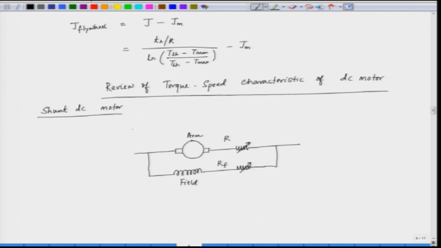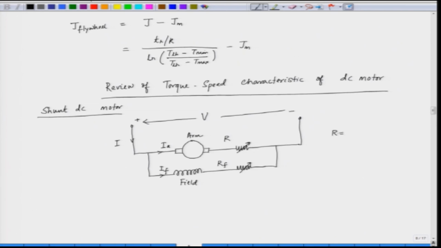And what we do here, we apply a DC supply in this case to both armature and the field. So, we apply a DC supply and the motor draws a current, that is I. Part of this current flows to the armature and part of this current flows to the field. So, what is R here?